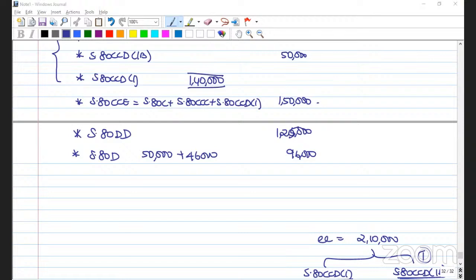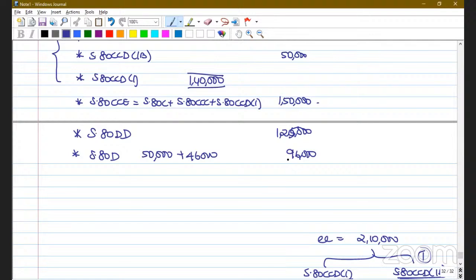For severe disability, it's not 1,20,000, it's 1,25,000. So your total will be 6,11,000. This will be the total deduction that you will get under chapter 6A.